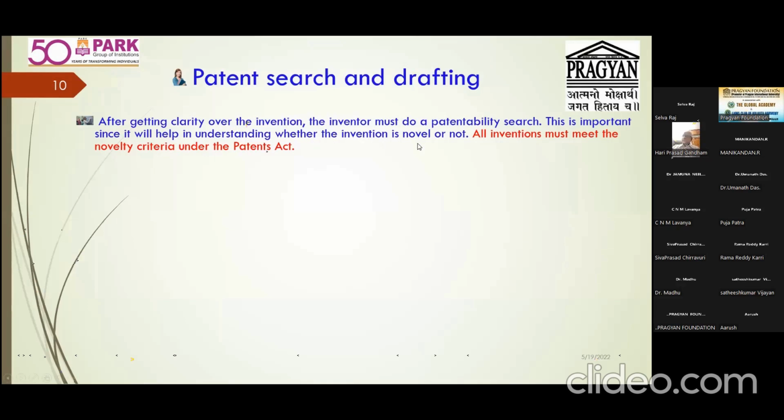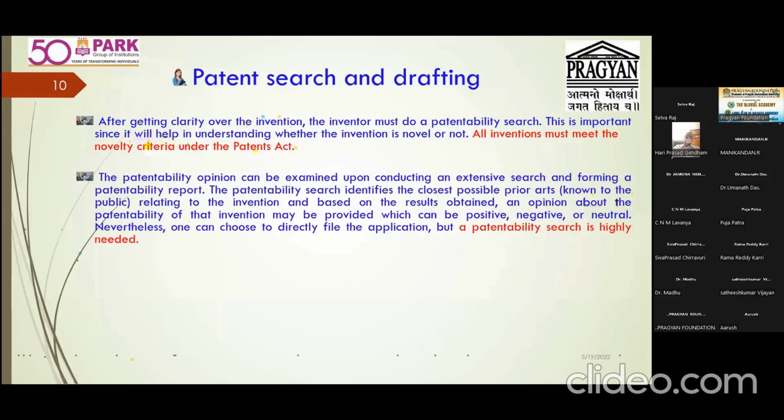After that, we can come to whether the invention is novel or not. All inventions must meet the novelty criteria under the Patent Act. So that is a very important thing. After that, the patentability opinion of the invention can be examined by conducting an extensive search and forming the patentability report. We should have some report based on our invention.